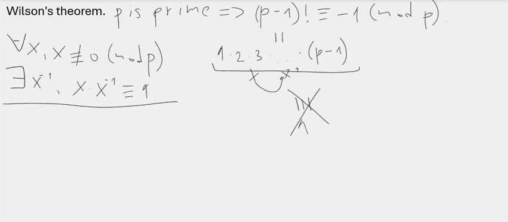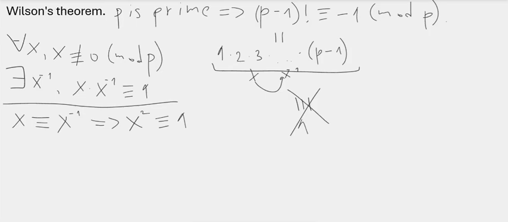If we assume that x is congruent to x to the power minus 1, we need to find all such x. We can rewrite this: if we multiply both sides by x to the power minus 1, we get x squared is congruent to 1.